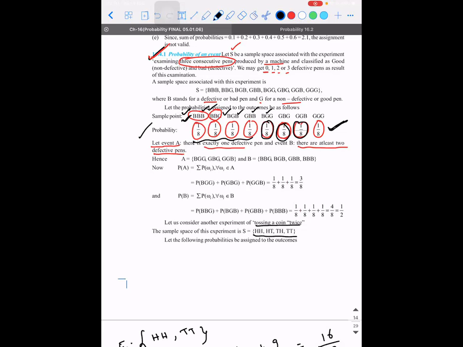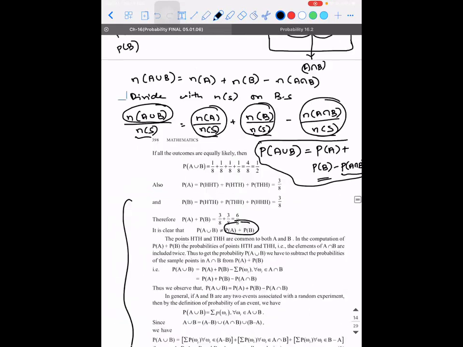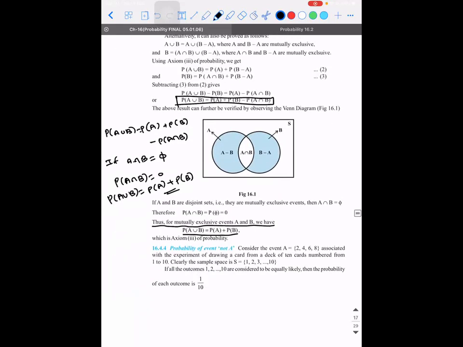Between two simple events, obviously there will be no intersection, and that was the reason why we added the probabilities there. Are you guys able to understand? I'm just doing a reverse analysis. Are you able to understand why we are actually adding them? Yes, sir. Okay. So this is an important formula, guys.